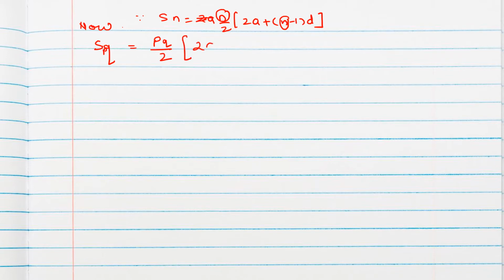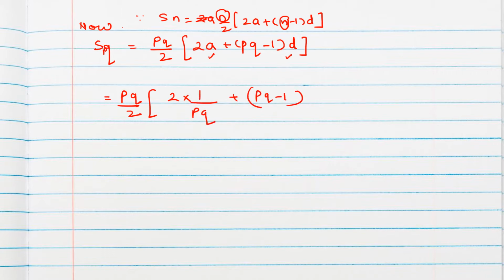Then 2a plus (PQ minus 1)d. Since we know the a and d values, we can substitute them here: 2 into a, which is 1 by PQ, plus (PQ minus 1), this bracket will be the same, and the d value is also 1 by PQ.